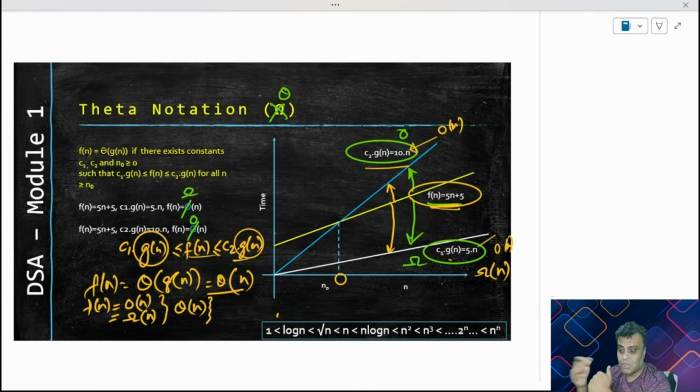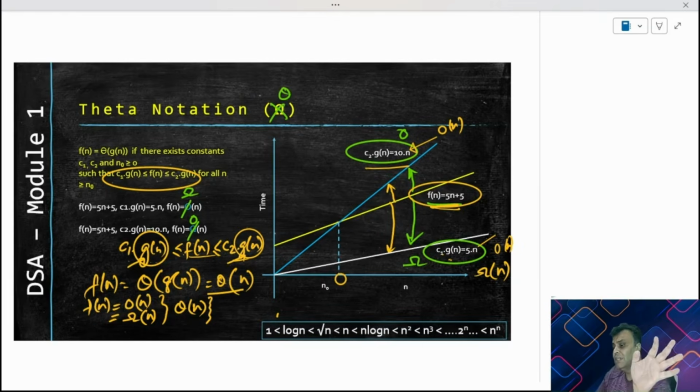And that's what we have just established, that theta is going to be aligned with this Gn, provided you can find a common Gn with different constants C1 and C2, so that ultimately you satisfy this equation. And if you can, then you can call Fn theta of Gn, and in this case it became theta of n.